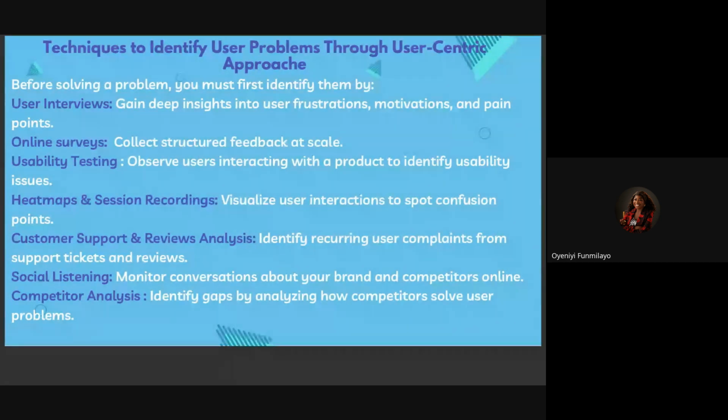Then we have usability testing. So what usability testing is all about is another way to identify user problems. Usability testing is observing users interact with a product to identify usability issues. Remember in our previous class, I said the only goal of a product manager is product usage.